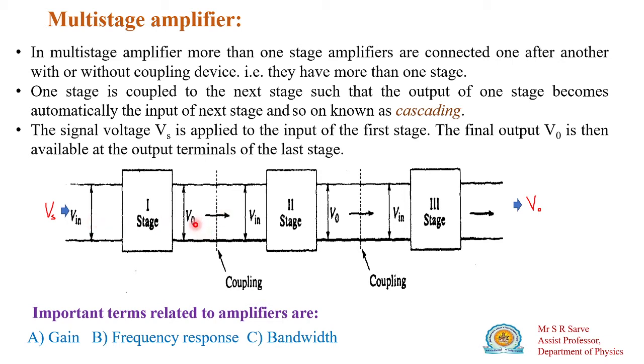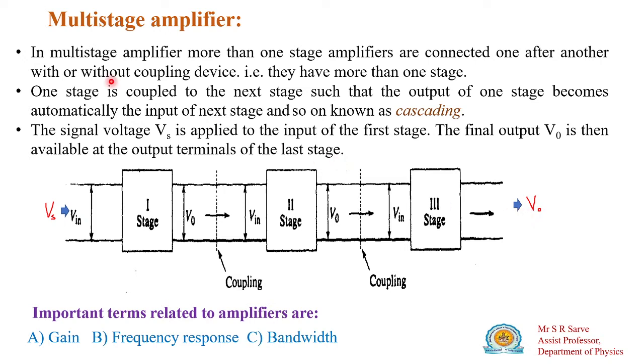This output acts as the input for the second stage, and again the signal is amplified and generates an output. The output of the second stage acts as the input for the third stage, which generates the final output. So this input signal is amplified three times, and the output of this multi-stage amplifier is three times amplified.